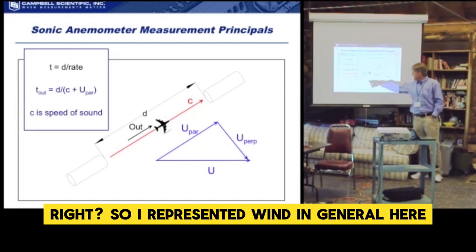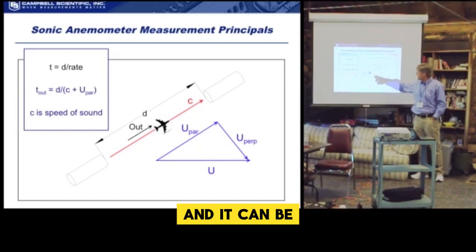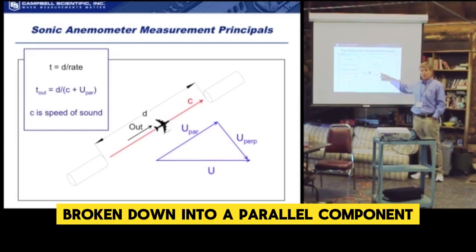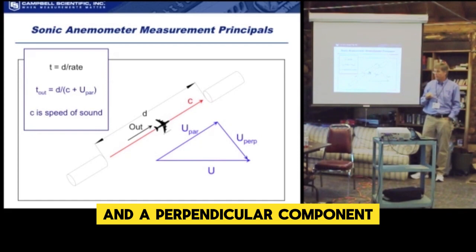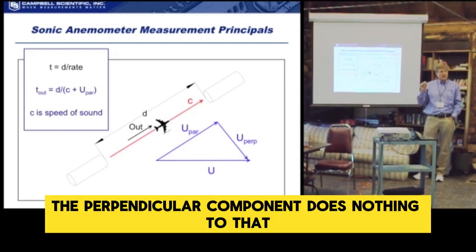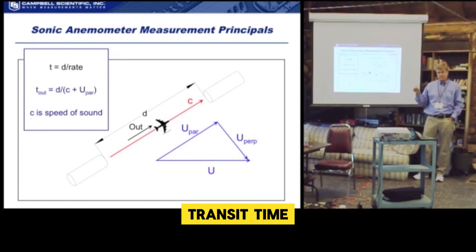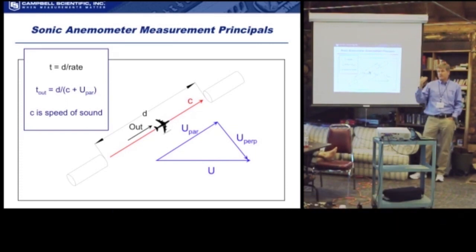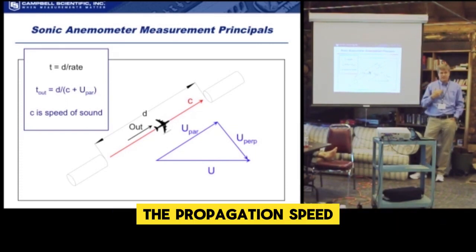So I've represented wind in general here, and it can be broken down into a parallel component and a perpendicular component. The perpendicular component does nothing to that transit time. The parallel component either aids or inhibits the propagation speed.